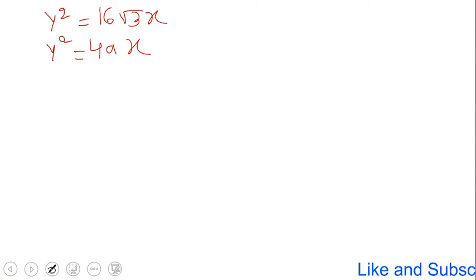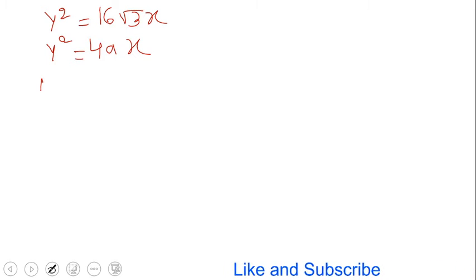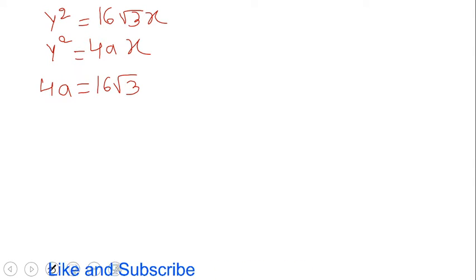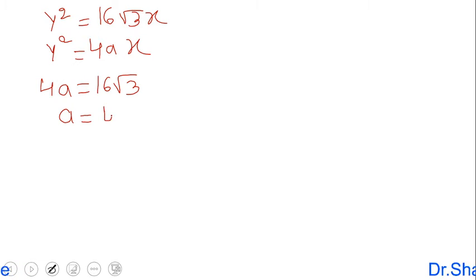So just compare the x coefficient with the x coefficient. So the x coefficient 4a equals 16 root 3. Then a we get, transporting the 4, 16 by 4, as 4 root 3. So it is very clear.